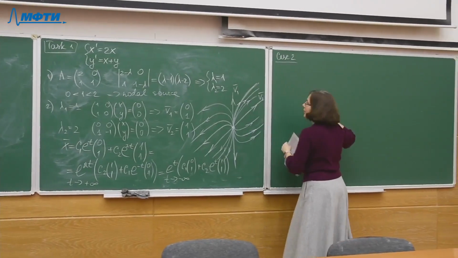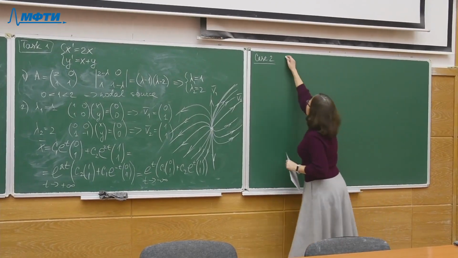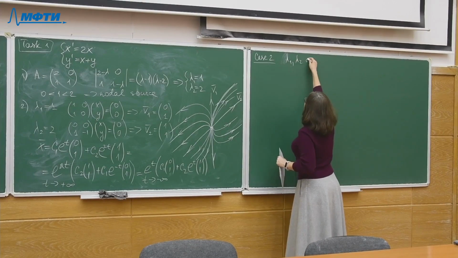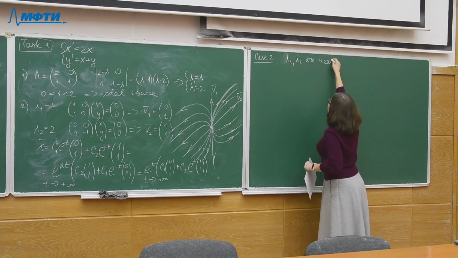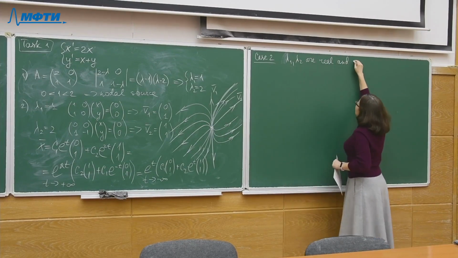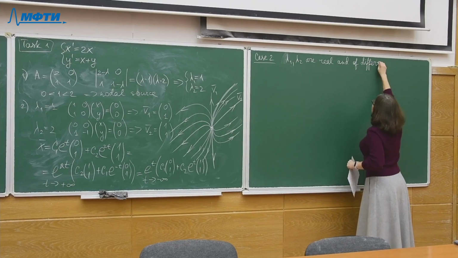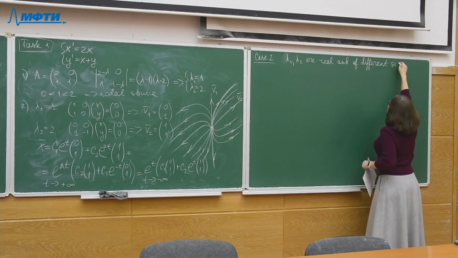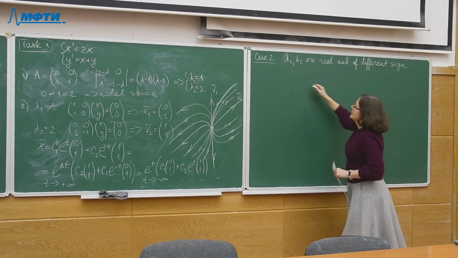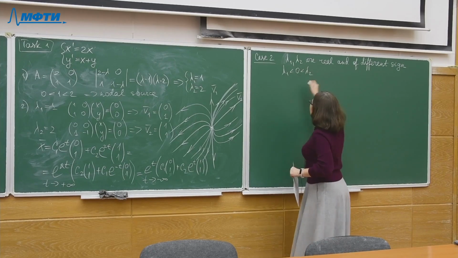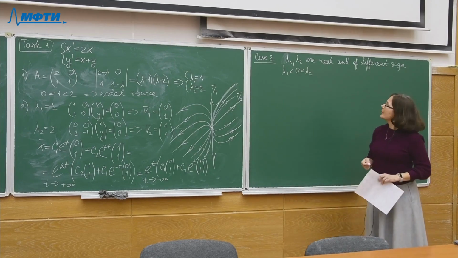Let's have a look. Suppose lambda 1 is less than 0, less than lambda 2, or vice versa.